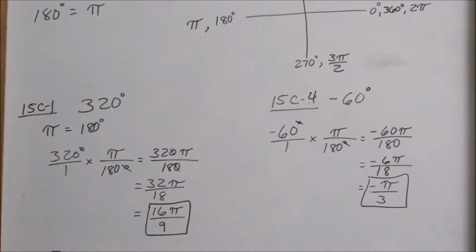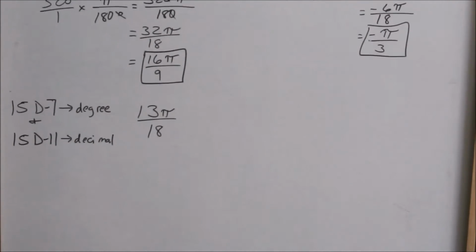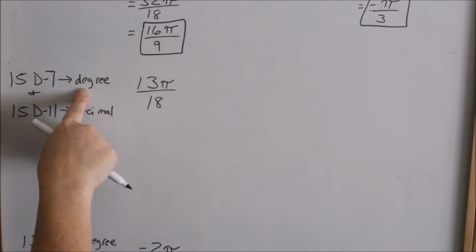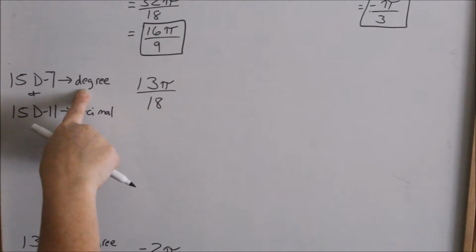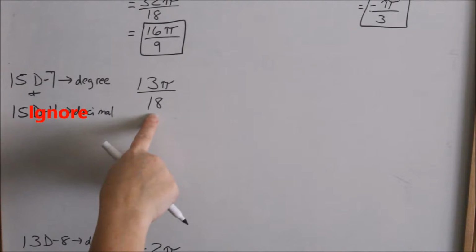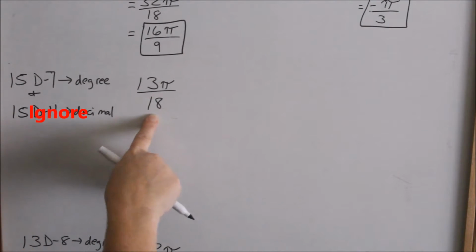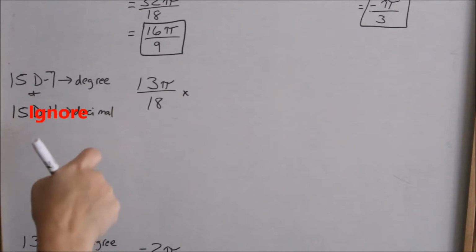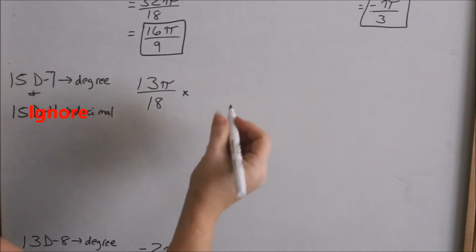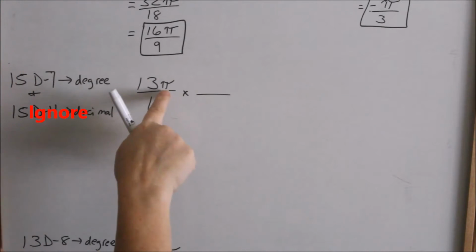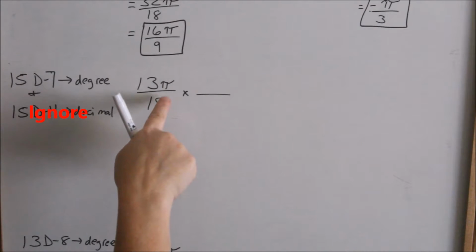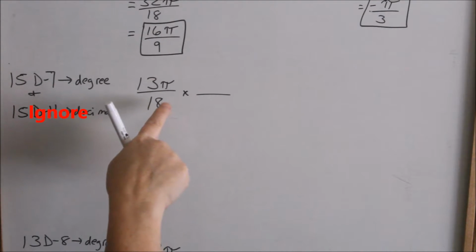Okay, let's look at 15D7. In 15D7, they're asking you to go from radians to degrees. Okay, so they have given you 13 pi over 18. So when we need to convert that to a degree, it's already in fraction form. So now I just need to multiply by a conversion factor. So pi is in my numerator, but it needs to go away because when I put it in degrees, there are no pi's in my answer.